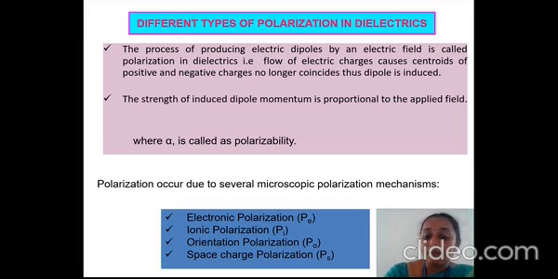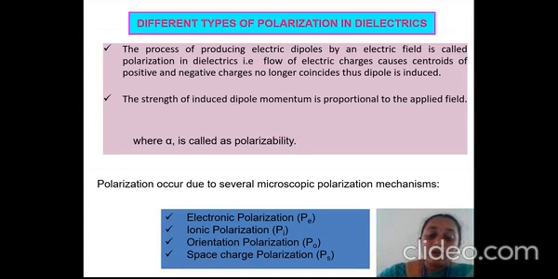Thus, the dipole is induced, by the application of the external electric field. This process is called polarization in dielectrics. The strength of the induced dipole moment is proportional to the applied field. Mu is directly proportional to E, that is mu equals alpha into E, where alpha is called the polarizability constant.